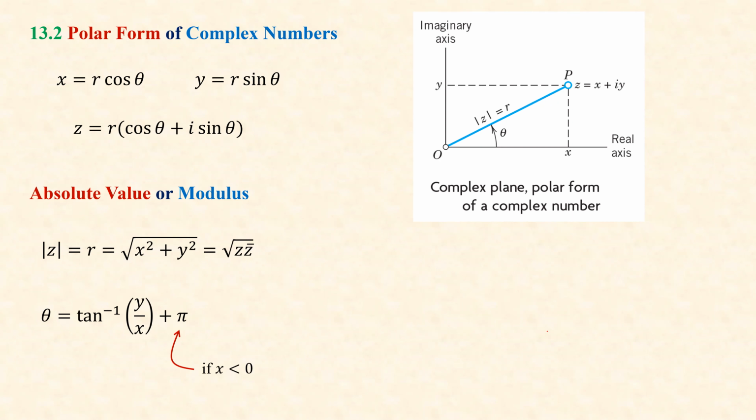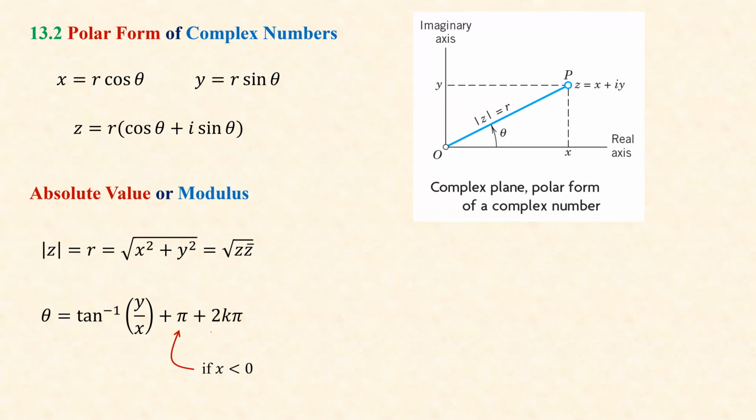This always gives you the exact direction of the complex number with respect to the origin. And that theta is called the argument of the complex number. So we have the modulus and the argument of the complex number.